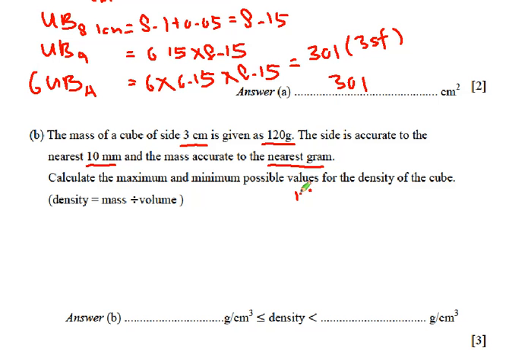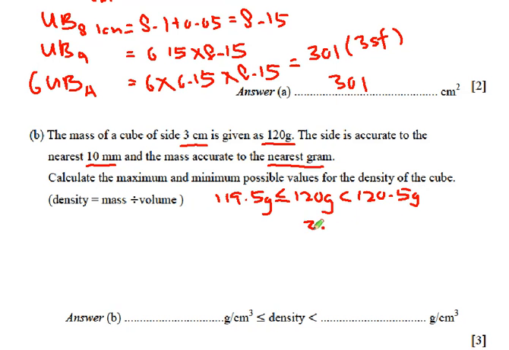So, for the mass of 120 grams, the upper bound is 120.5 and the lower bound is 119.5 grams.